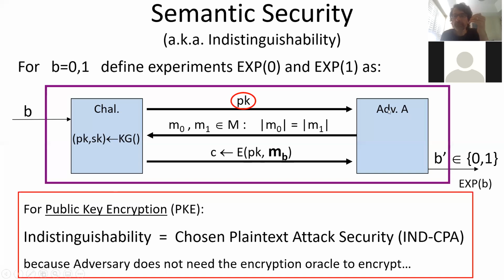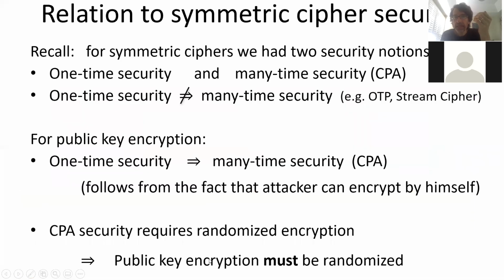That means that if encryption satisfies this property, then it must satisfy the other one, because these two properties are identical. And therefore, in a public key setting, there is no difference between one-time security and many-time security.